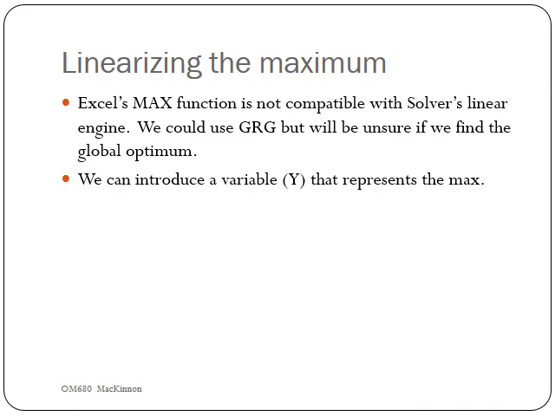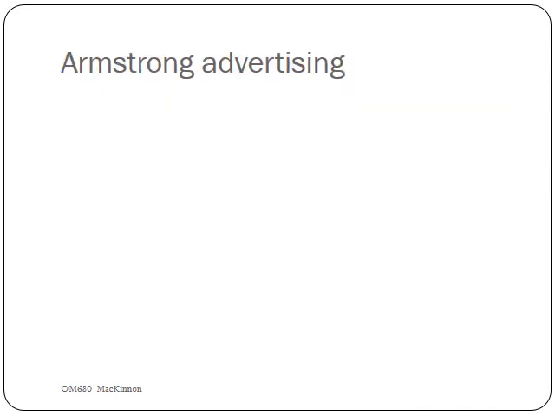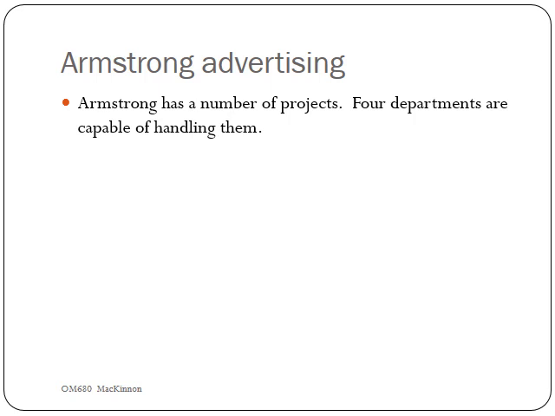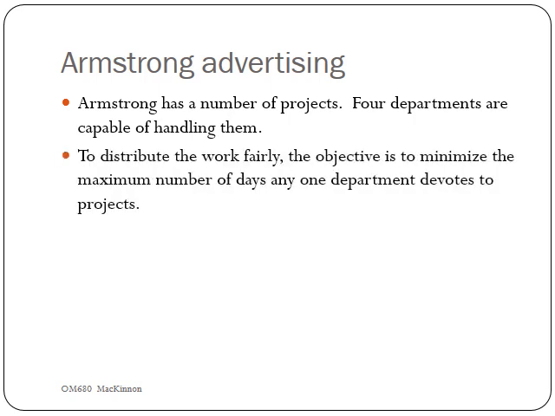Follow along here. Let's take a look at Armstrong Advertising. Armstrong has a number of projects, and they have 4 departments that are capable of handling them. To distribute the work, the objective is to minimize the maximum number of days that any one department devotes to projects.